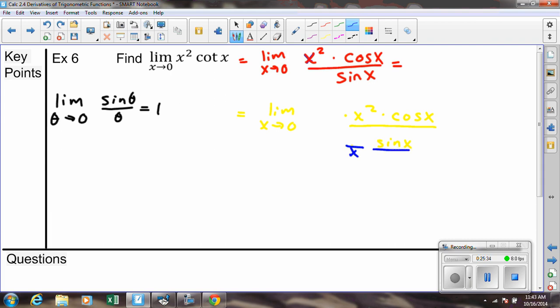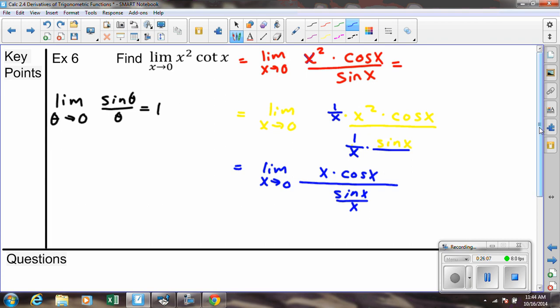So to get the sine of x over x that I need, I'm introducing times 1 over x in the denominator. But because I'm doing that in the denominator, I have to also do it in the numerator. Writing it up this way allows us to then say we'd have the limit as x approaches 0 of x times cosine of x all over sine of x over x.